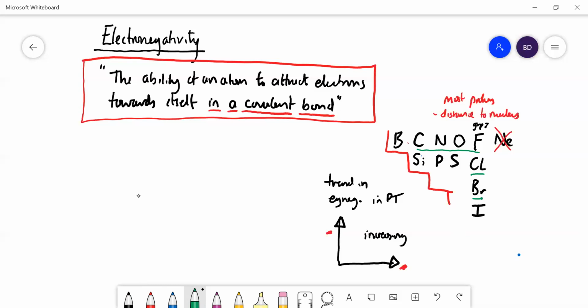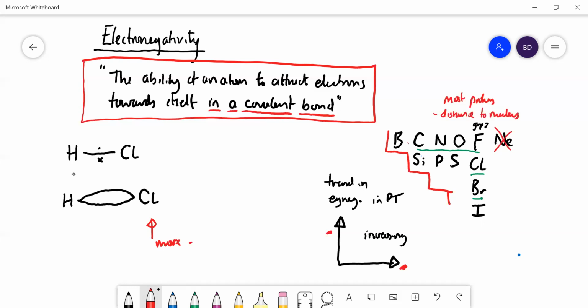Let's think about hydrogen chloride, HCl, gaseous HCl, with a covalent bond there. You've got a pair of electrons in that bond, and remember, we're talking about molecular orbitals. But chlorine is more electronegative, so it's better at attracting those electrons towards itself.